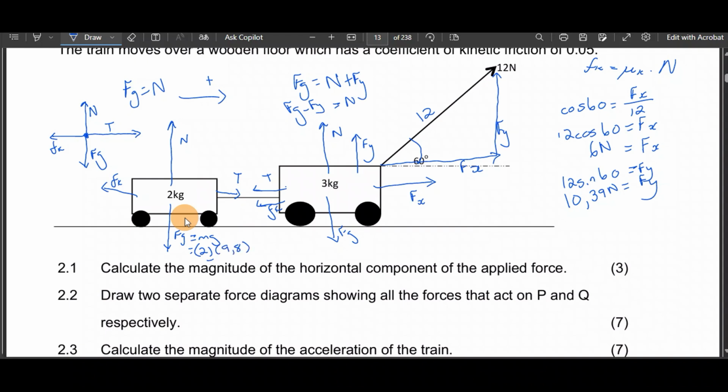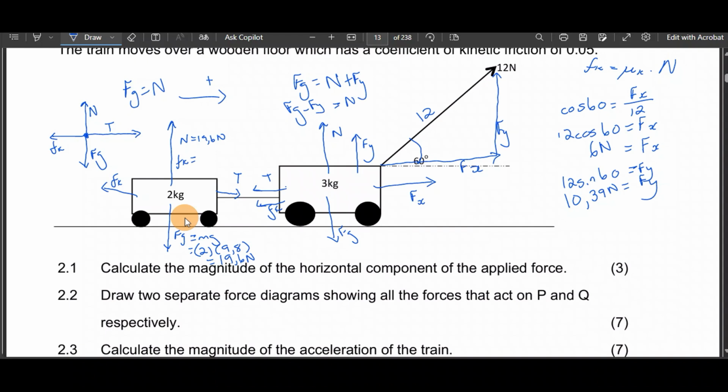Which gives us our Fg as 19.6 newtons. Because these have to cancel, remember we said Fg is equal to our normal, meaning that this automatically also becomes 19.6 newtons.